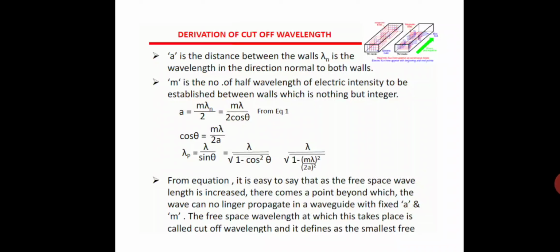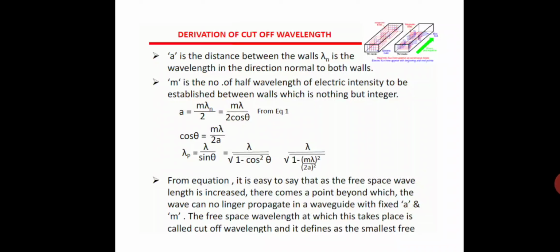So let the distance between the two walls, the gap, be a. Lambda n is the wavelength in the direction normal to both walls. m is the number of half wavelengths of electric intensity to be established between the walls, which is nothing but an integer.